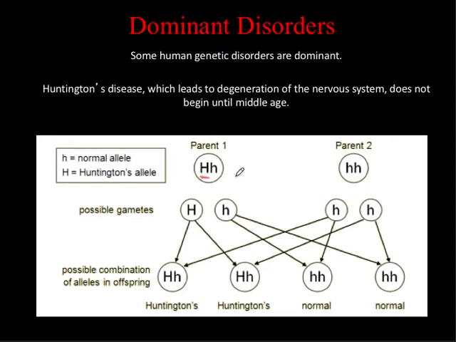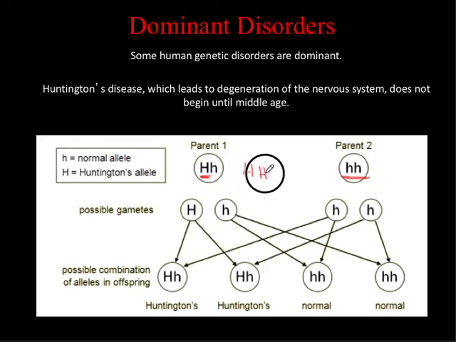So in this example, I have a heterozygous parent with the Huntington's disease dominant allele. Now the other parent is homozygous recessive, which is good, which is safe, that's what you want. But if they were to have children, 50% of your children will have Huntington's disease and 50% will be normal.